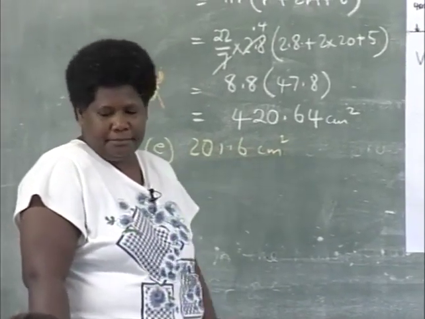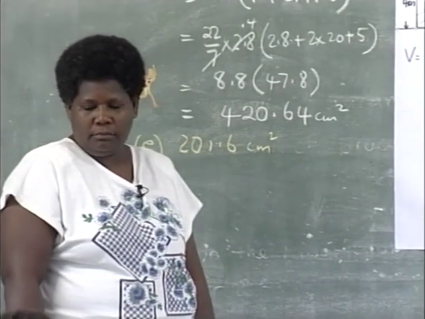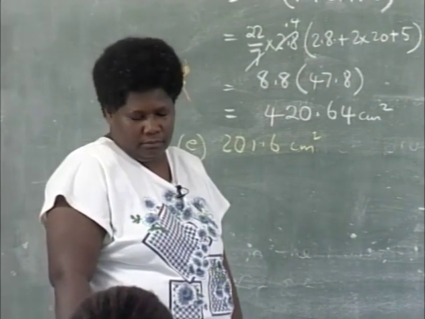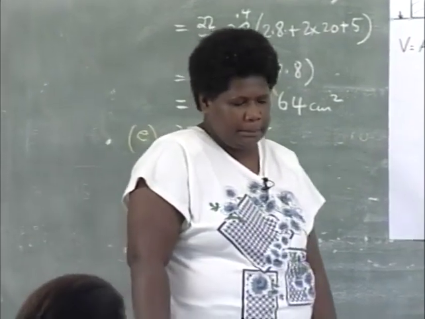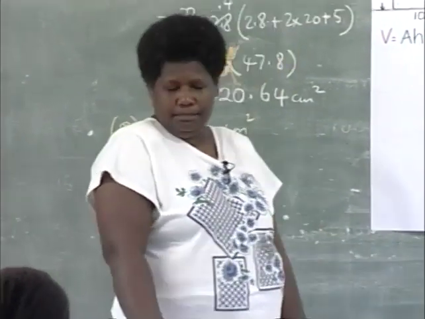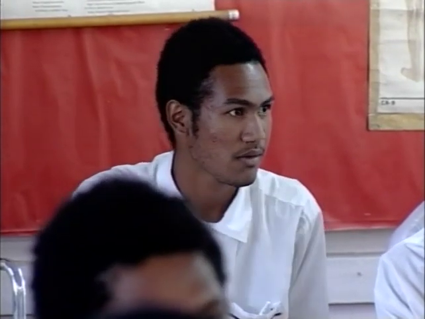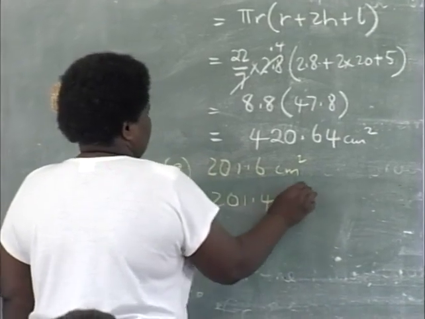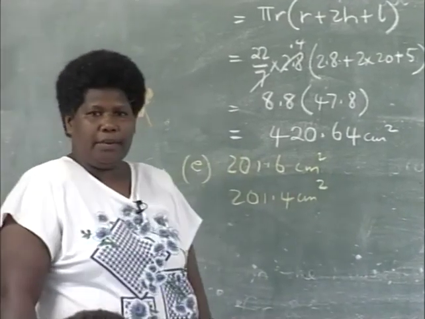Keela? 201.4 square centimeters. Any others apart from those two?